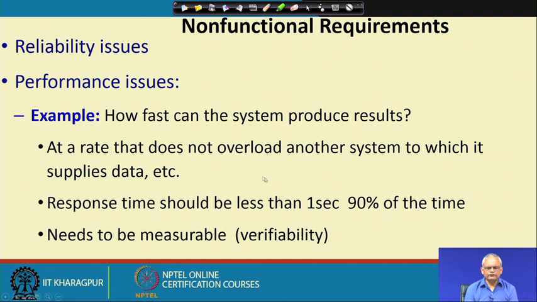But for every non-functional requirement, we have to ensure that in some way we can test it. That is, we should be able to measure and see if there is conformance to the non-functional requirement.